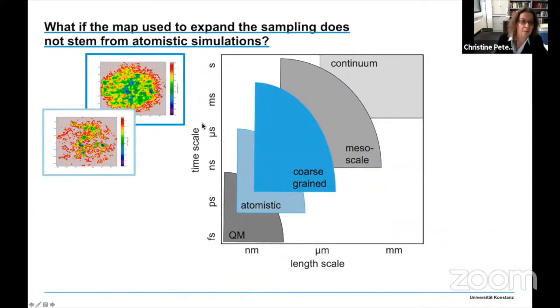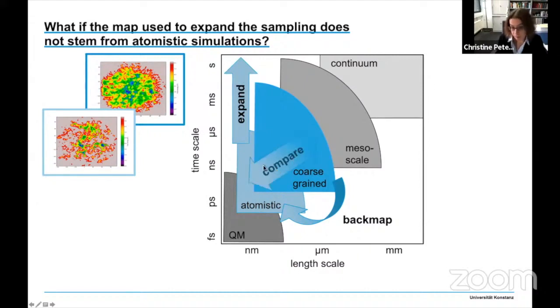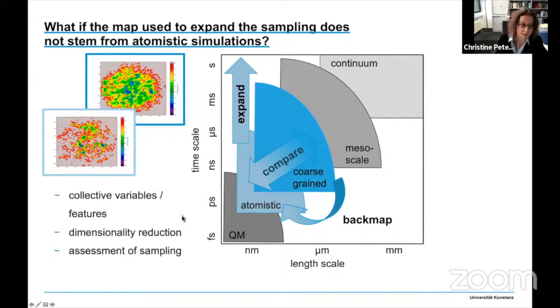So what if the map that we use to expand our sampling does not stem from atomistic simulation? What I mean is we can use a coarse-grained model with reduced resolution, use some sort of backmapping routine, do our expansion guided by our coarse-grained map. And ideally, we also have a comparison method to look how our maps evolve both on the coarse-grained and on the atomistic level.